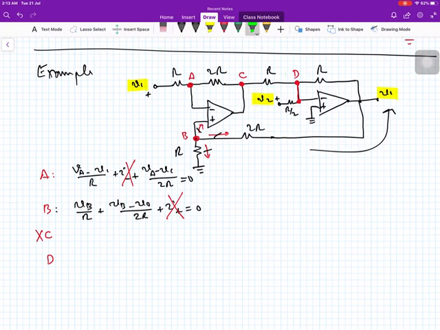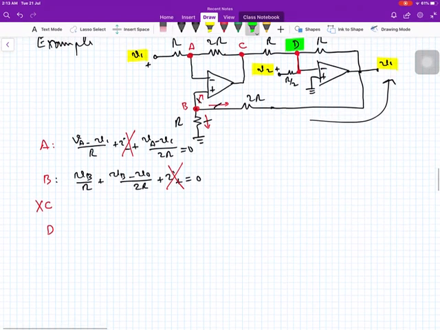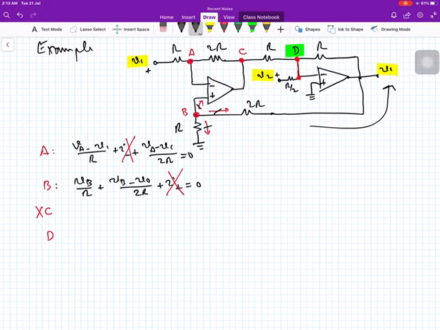Now consider VD. Writing equation at node D, this current is VD minus VC divided by R plus this current. This is VD minus VO divided by R. And what is this current?